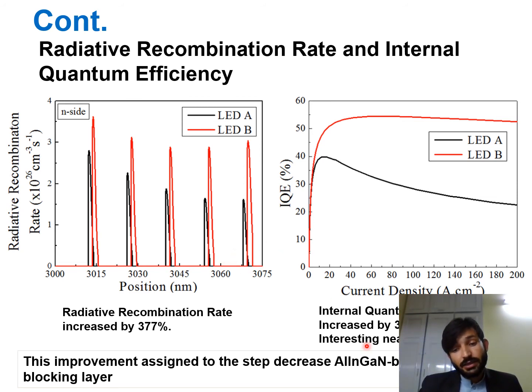Similarly, the aluminum indium gallium nitride has a higher conduction band offset, so it is difficult for the electron to overcome the effective barrier height of the electron blocking layer.